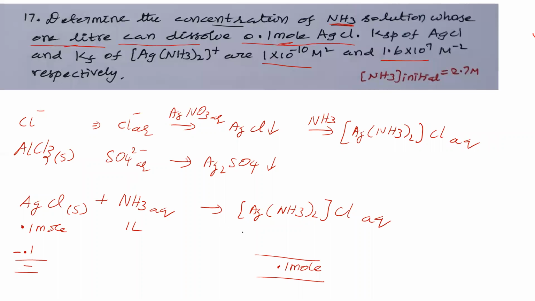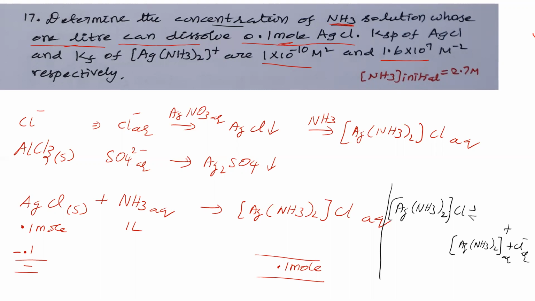We'll see. Now you see that we got 0.1 mole of this complex. This complex in aqueous solution is in the form of dissociated ions. This complex salt dissociates in water into the AgNH3 twice plus cation and an anion.